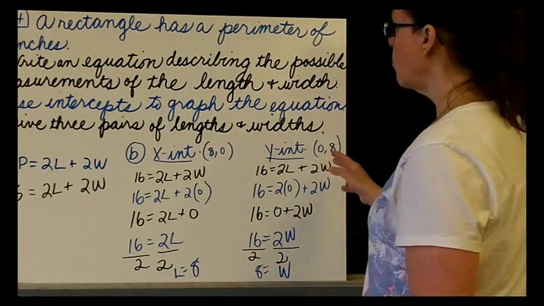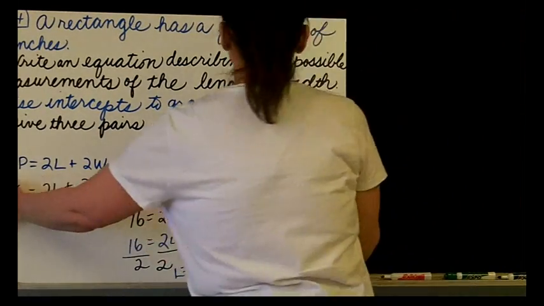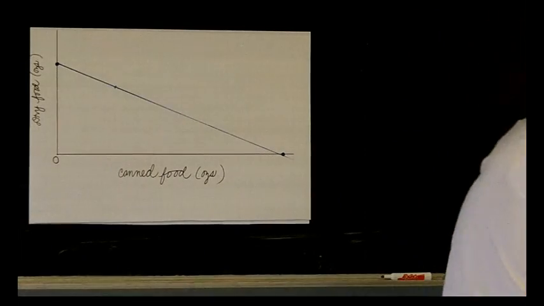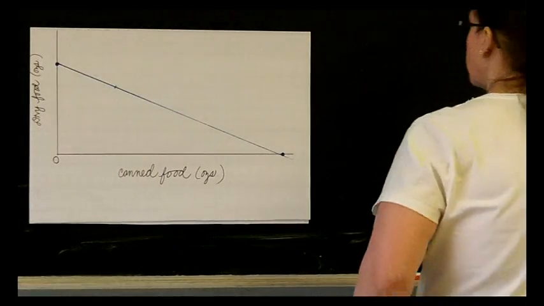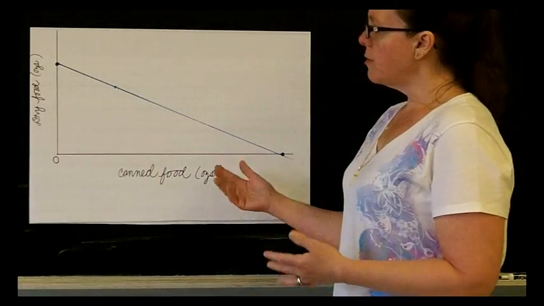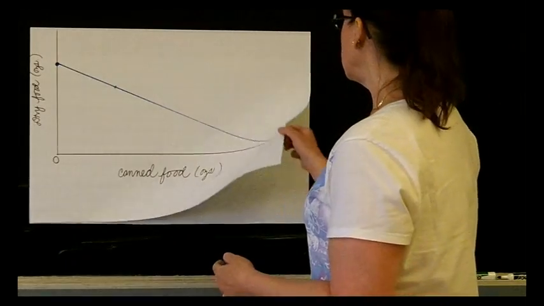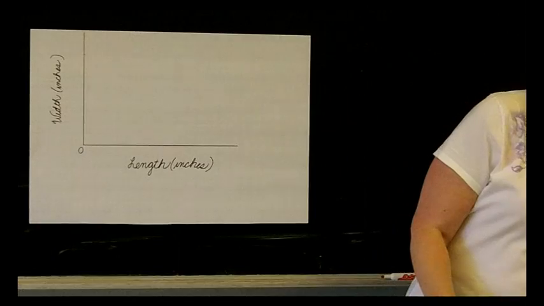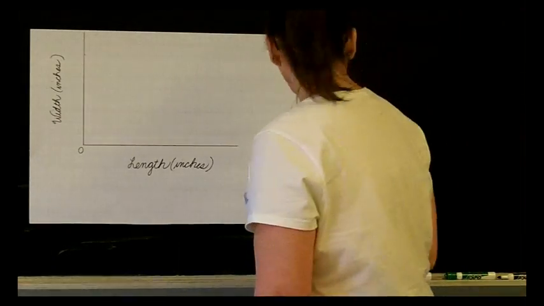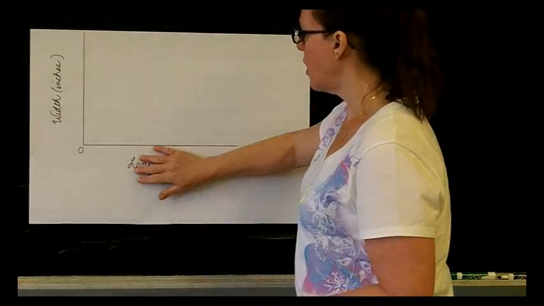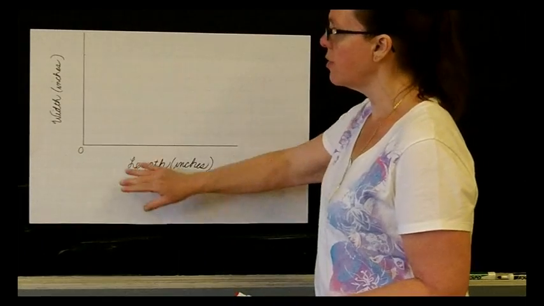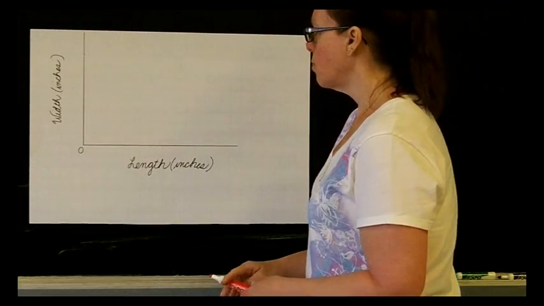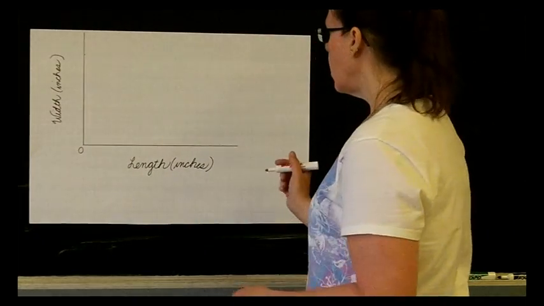And then to finish off part B, we have to graph. Again, just as with our dog food example, this is a real-life application. So we are using only the positive quadrant to graph our points. This time I labeled our x-axis as our length and our y with our width in inches.